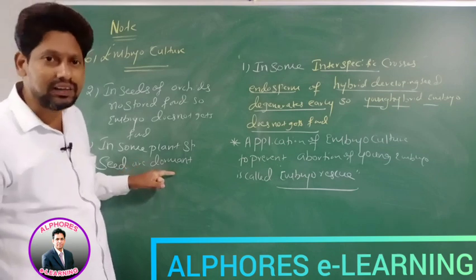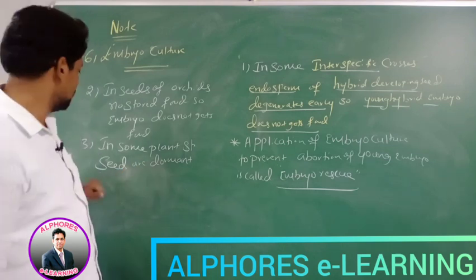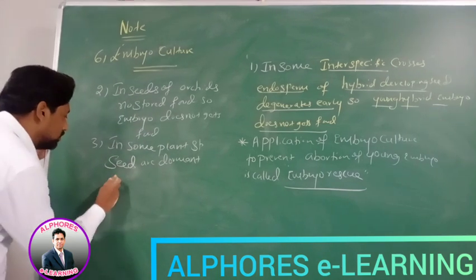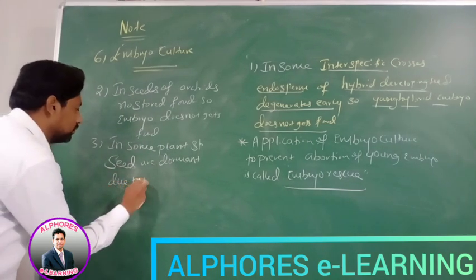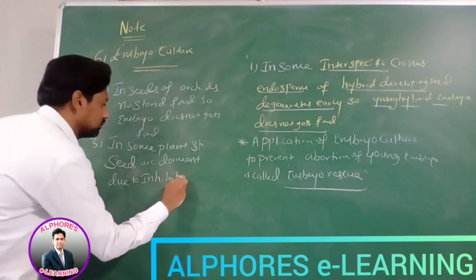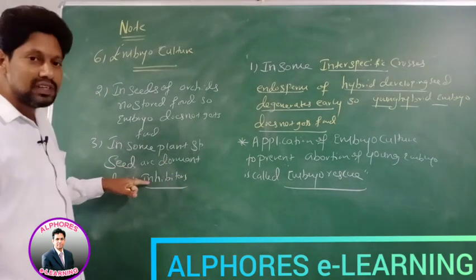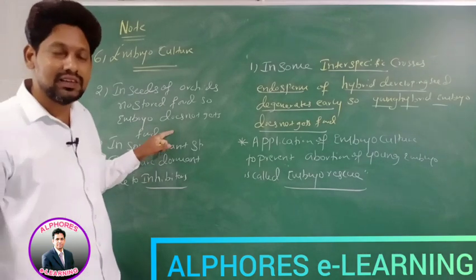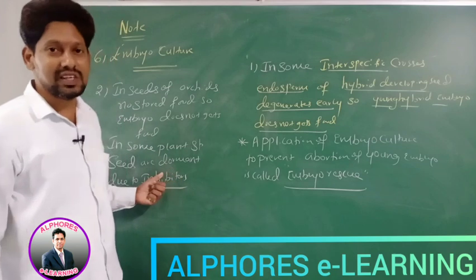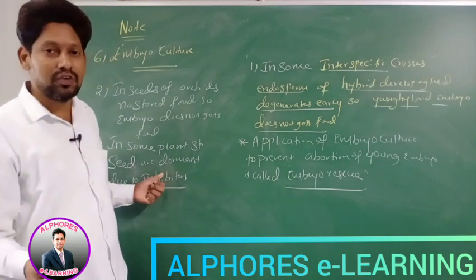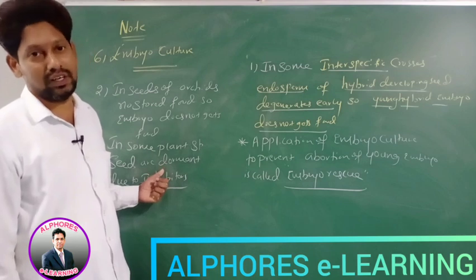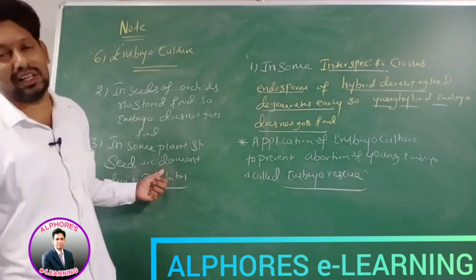Seeds are dormant due to inhibitors. These inhibitors present in the seed are not allowing the seed to germinate. In such cases, you isolate the embryo from that dormant seed and culture it on the nutrient medium. That becomes embryo culture.